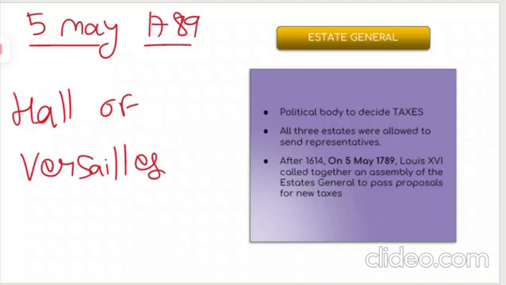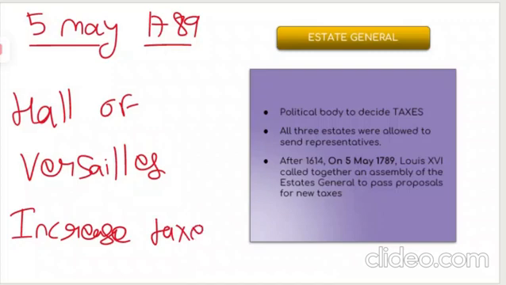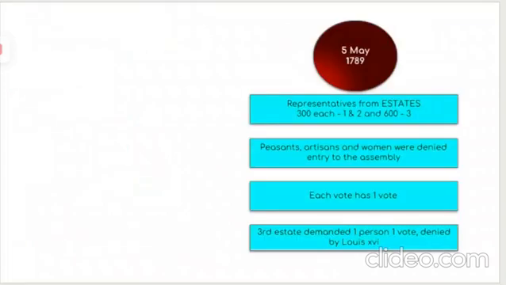And why did he call them? Because he proposed to increase the taxes. To increase the taxes, he had called this Estates General, the assembly of 5th May 1789. Now what happened was that from the first estate, the clergy, 300 people came.